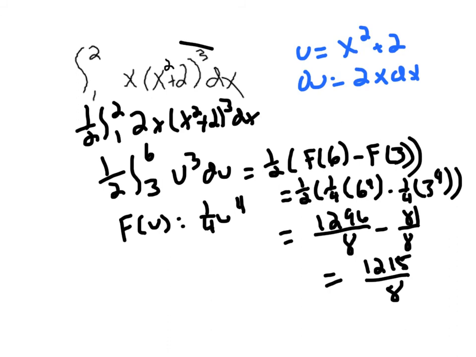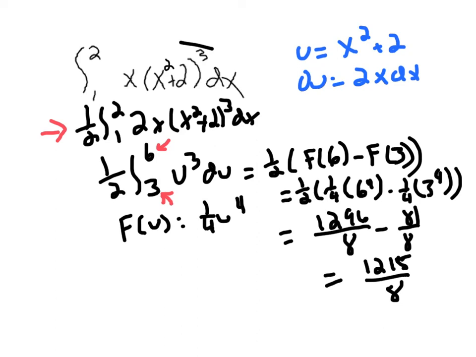Alright, so I set u equal to x squared, got 2x dx for du. So on this first line, I added in the 2 and had to have the 1/2 out in front. On the second line, I did my u substitution and I changed my limits to 3 to 6.